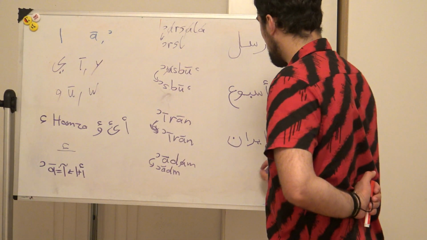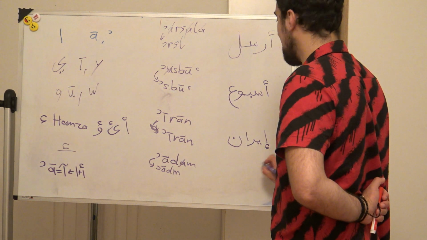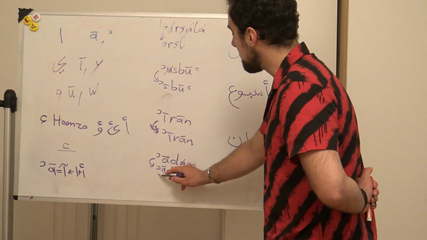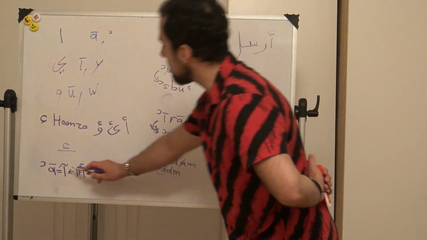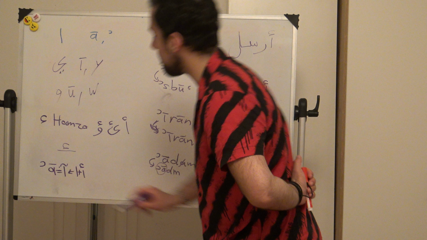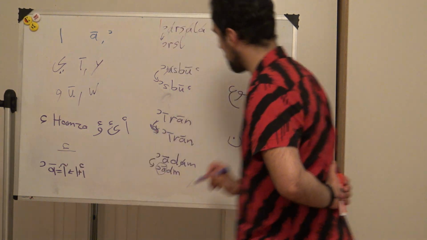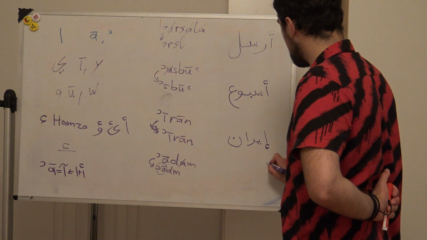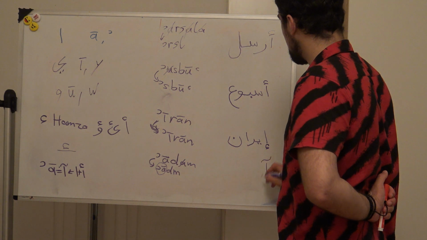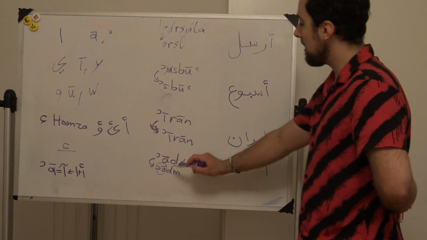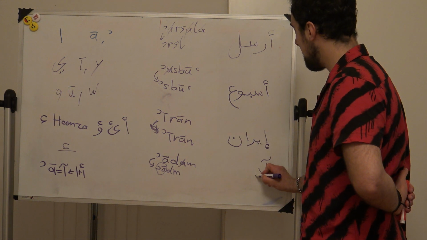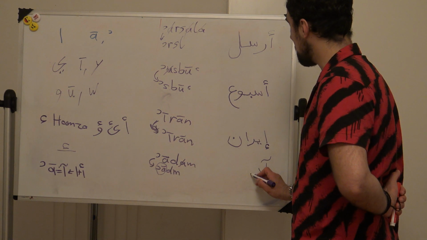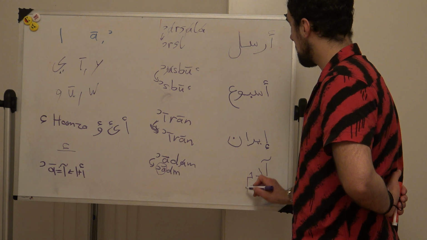Now let's transform it into the Arabic script again. We have learned that this piece, precisely this piece, is written with this alif with a wave above it, the so-called madda. And let's write it. And then the d with the letter dal, and the m with the letter mim. Adam.